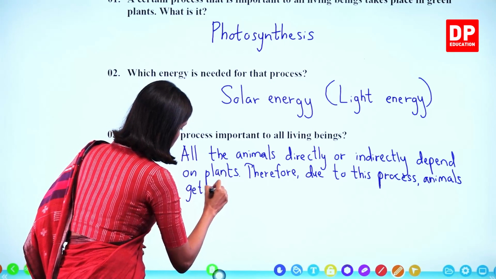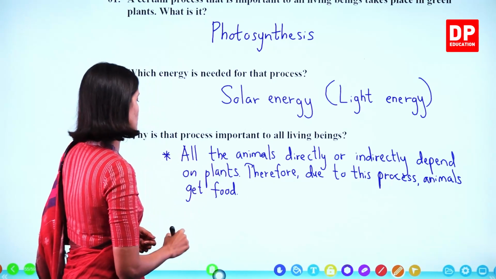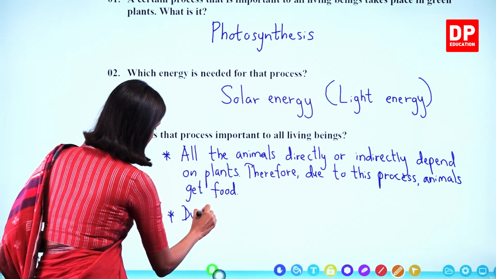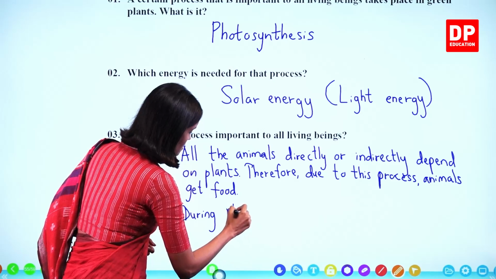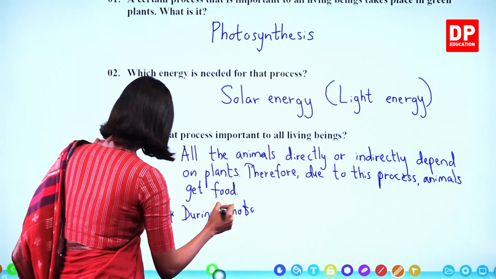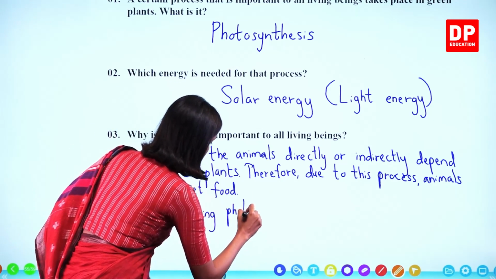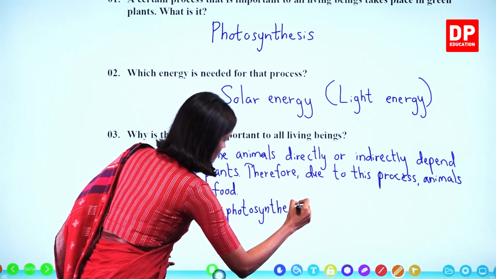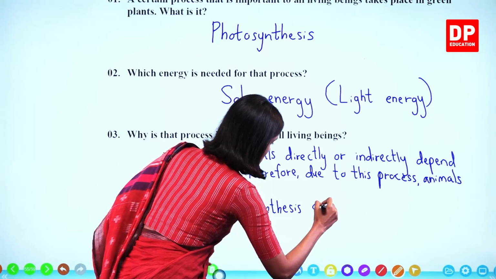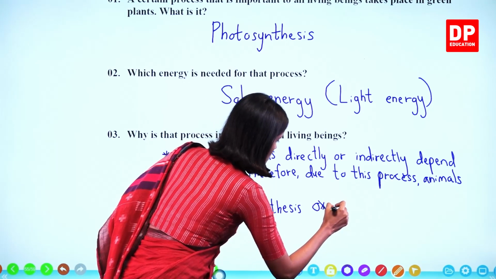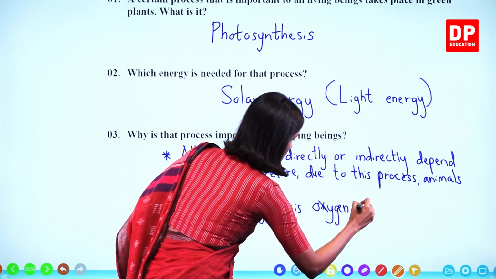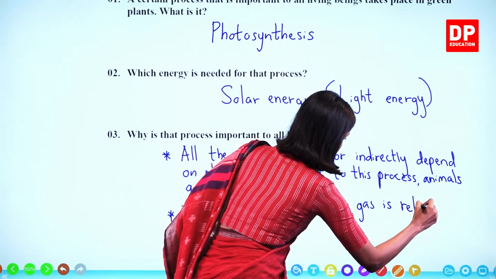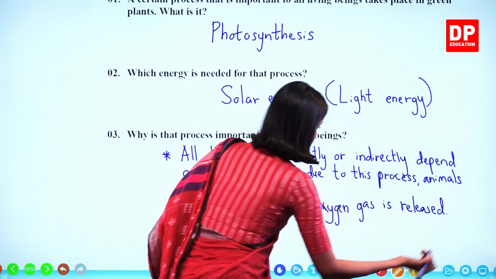And the next one: during photosynthesis, oxygen gas is released.